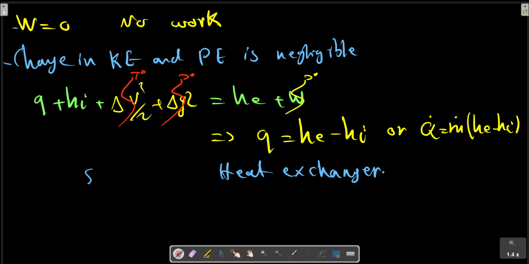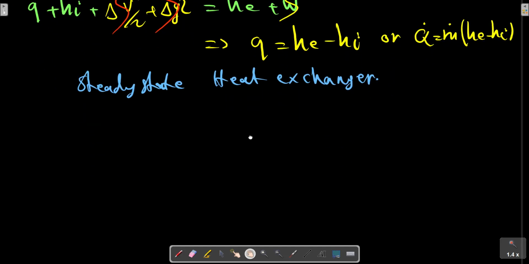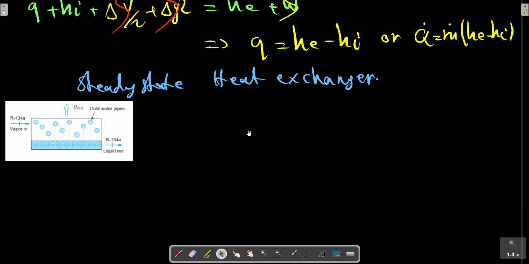Steady state heat exchanger. As shown in this picture, the heat transfer out of the condenser goes to whatever is receiving it, perhaps a stream of air or cooling water.